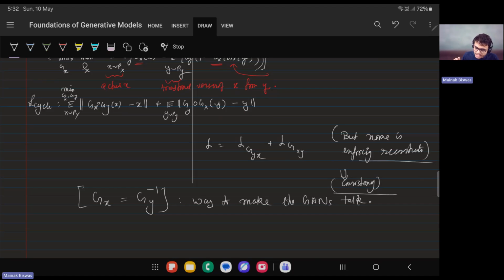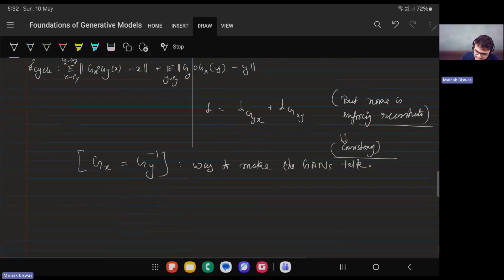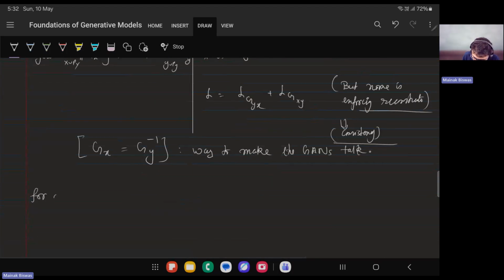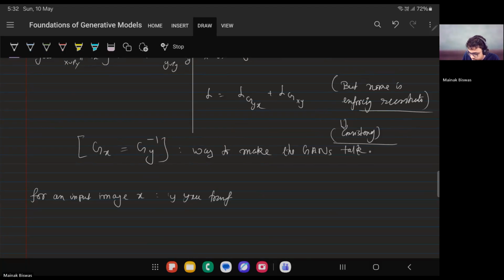And how do you make the GANs talk? You are saying that for an input image x, if you transform it to y and retransform to x, there should be minimal loss.